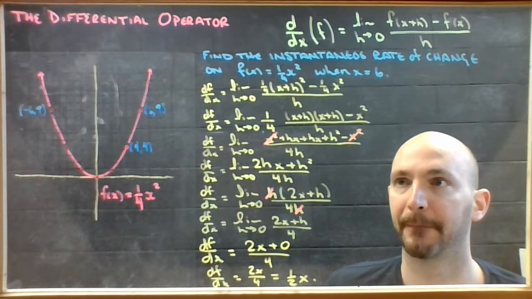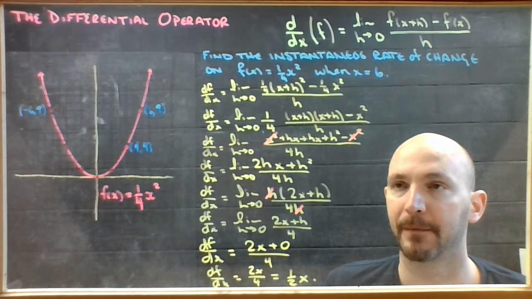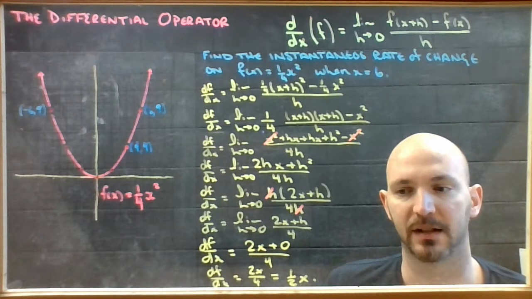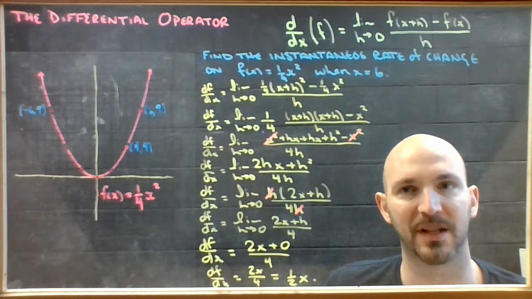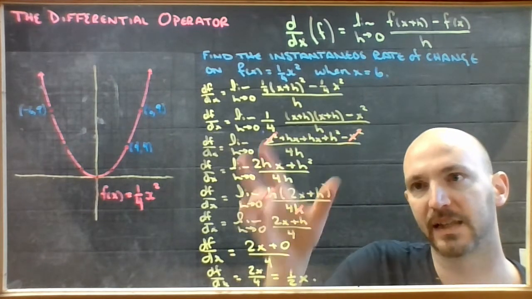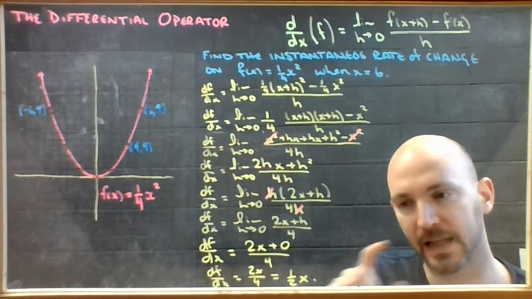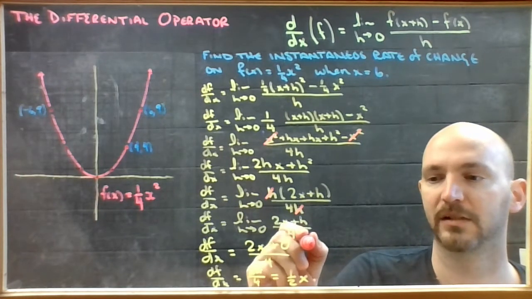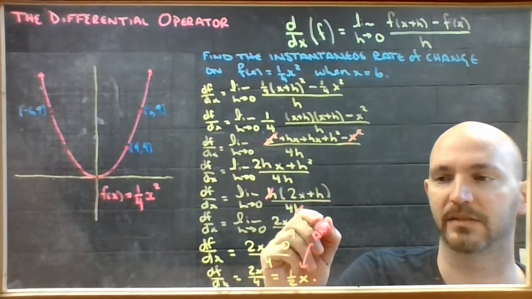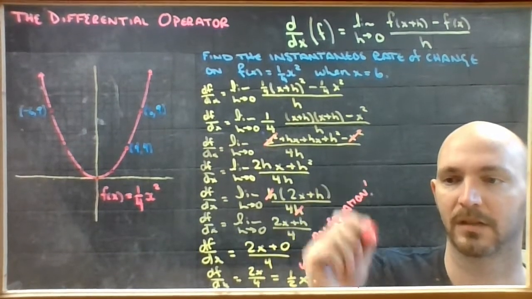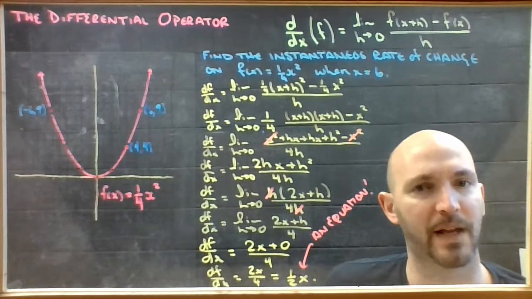Okay. So you see how much handier it is if you don't put the number in, right? If I don't put in that x equals 6, then I can just follow through this and I get an equation as my answer. There's an equation. So why is that more helpful?